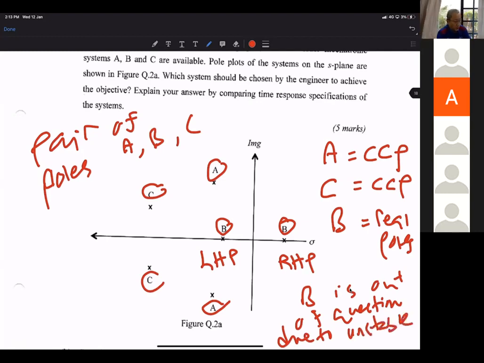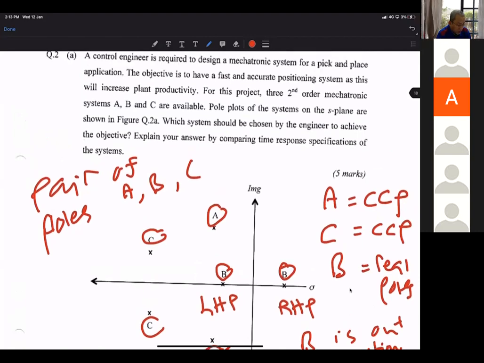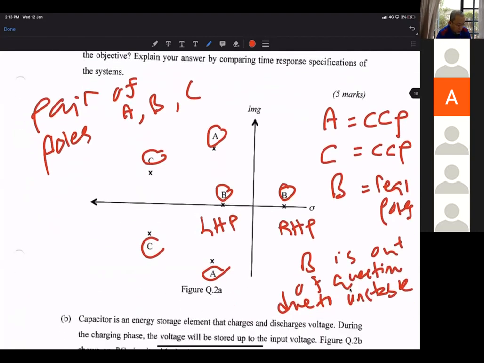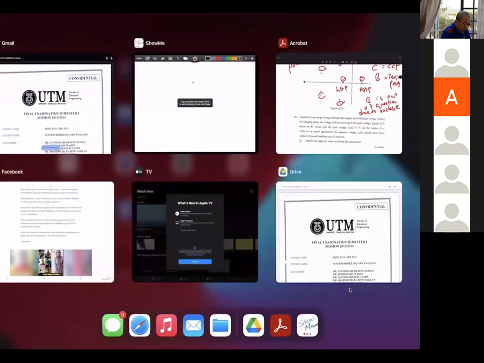B is no more in the scope of discussions because it is unstable. Unstable meaning the system is not accurate, not fast enough. So the only things left are A and C.